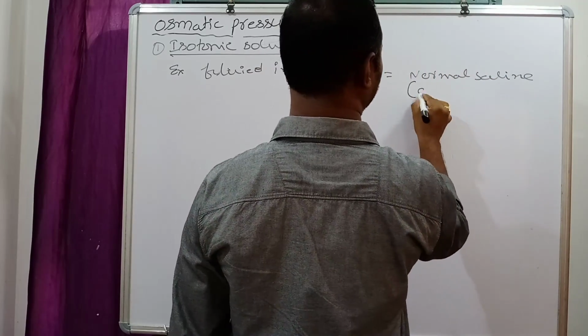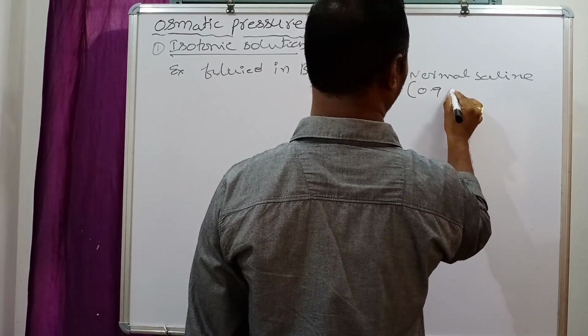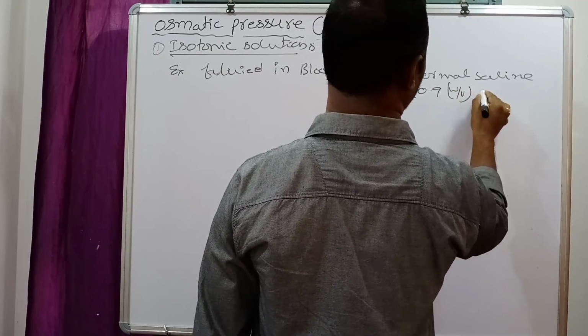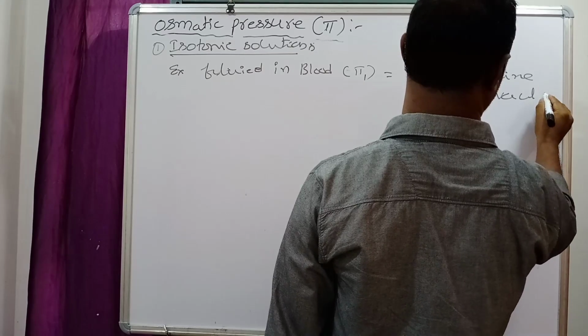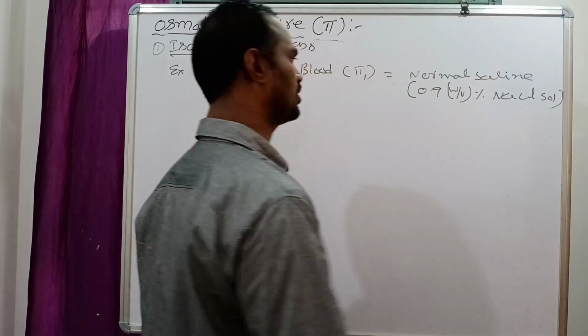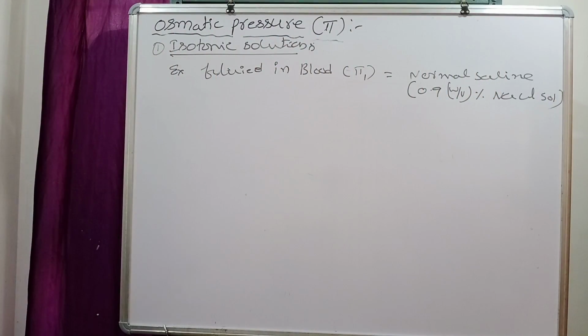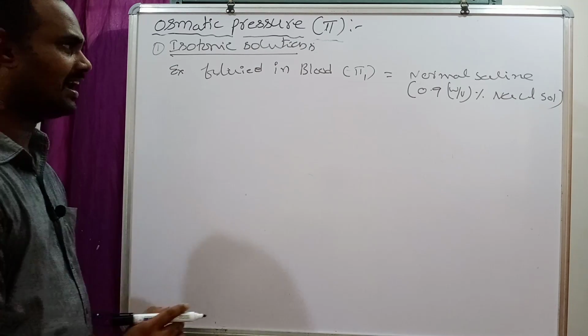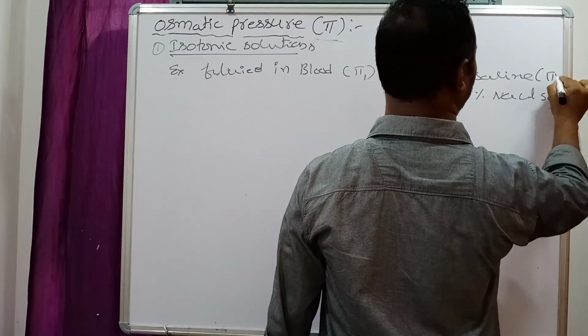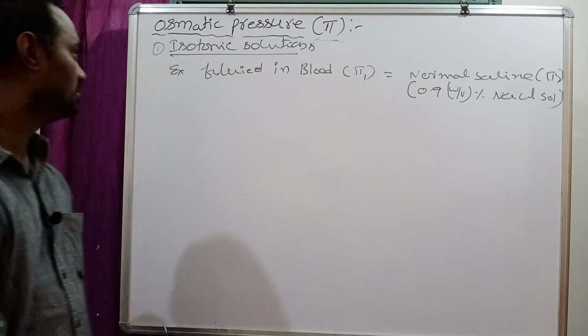Normal saline means 0.9 mass by volume percent NaCl solution. Normal saline's osmotic pressure, consider as pi 2.